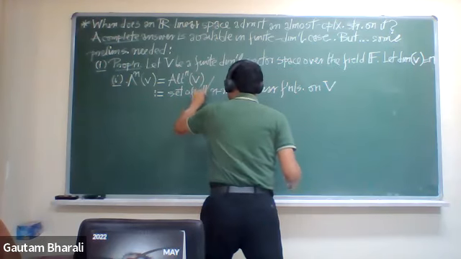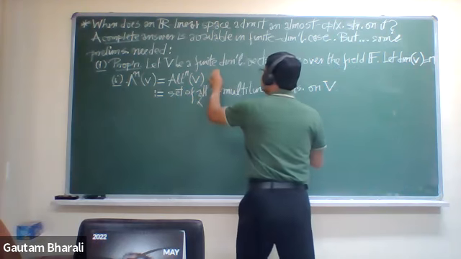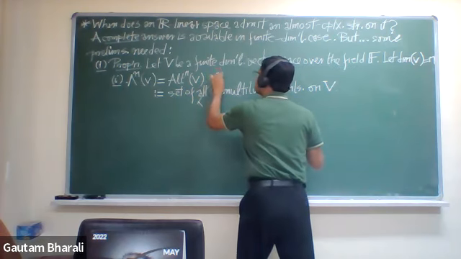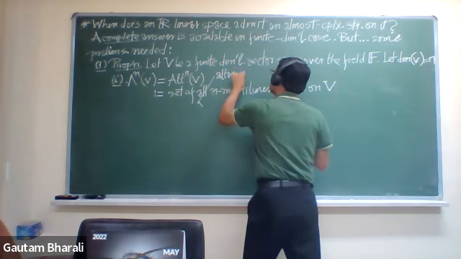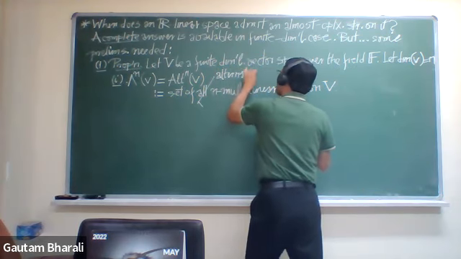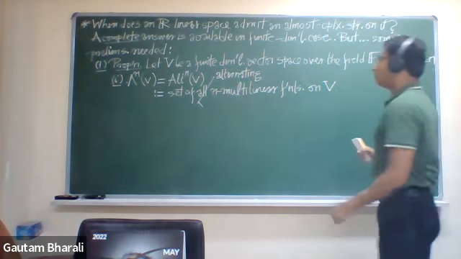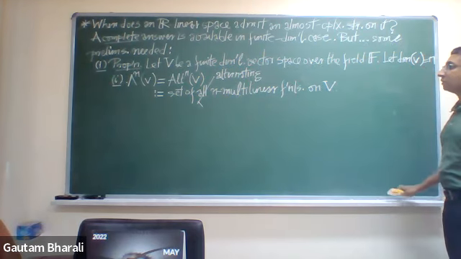I said this probably, but I did not write it. The set of all alternating n multilinear functionals on V.